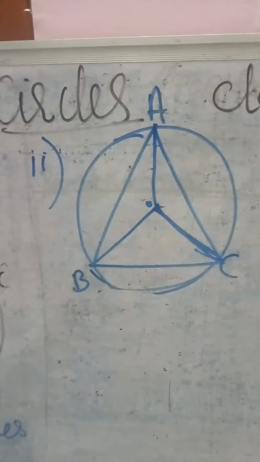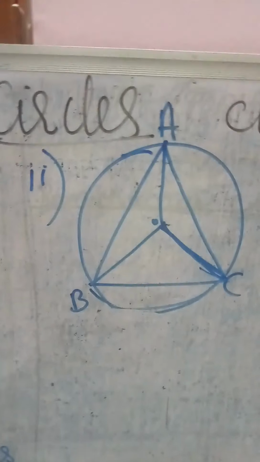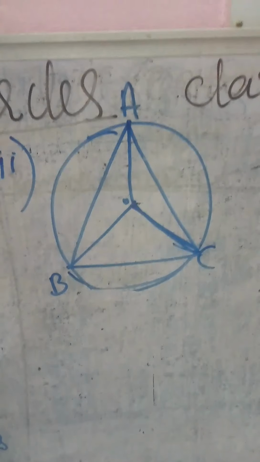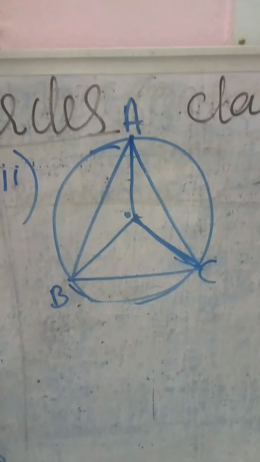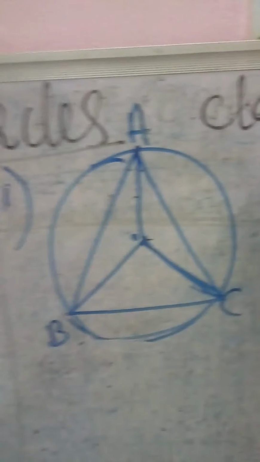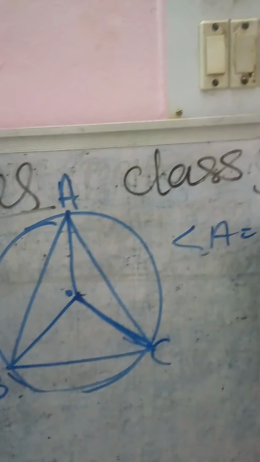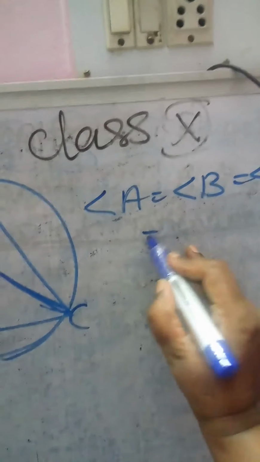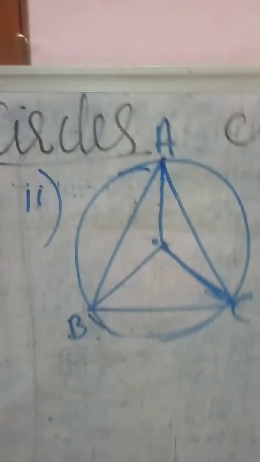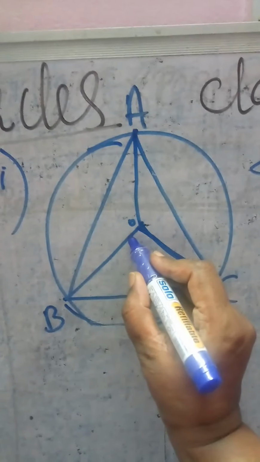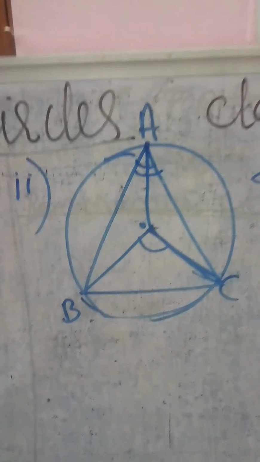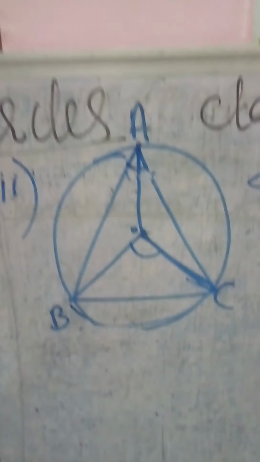Since it is an equilateral triangle, each angle of ABC will be equal to 60 degrees, because in an equilateral triangle each angle measures 60 degrees. So angle A is equal to angle B is equal to angle C, which is 60 degrees each. Now from the first theorem you have learned, the angle at the center will be twice the angle at the circumference.